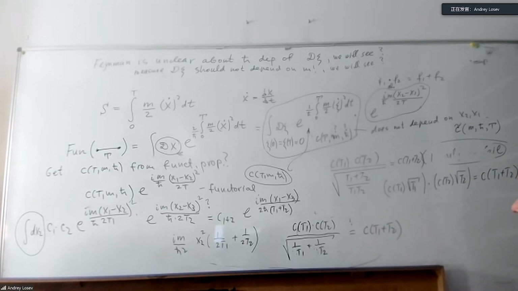So this functional equation has a unique solution. C of T is 1 over square root of T, e to the minus epsilon T.